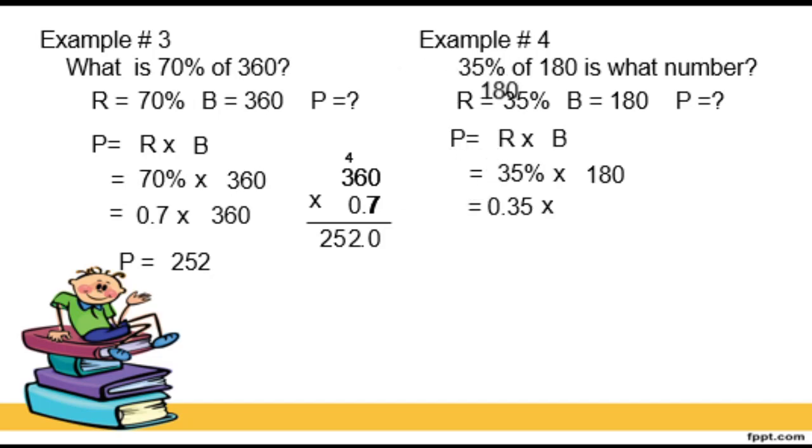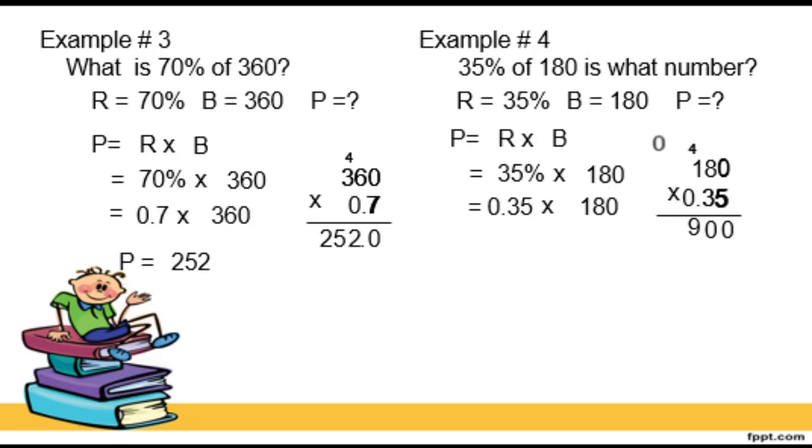Then 180 times 0.35: 5 times 0 is 0, 5 times 8 is 40, carry 4, and then 5 times 1 is 5, plus 4 is 9.